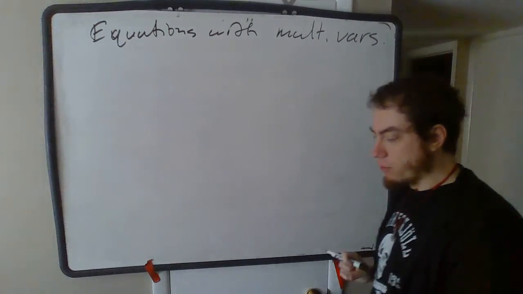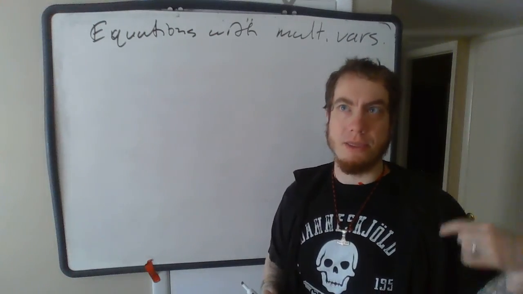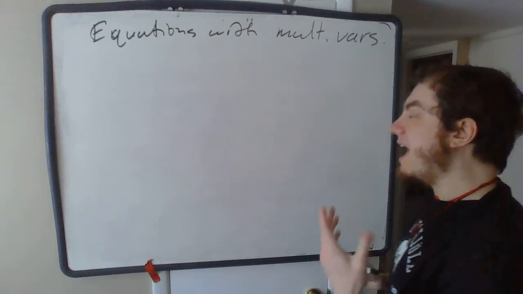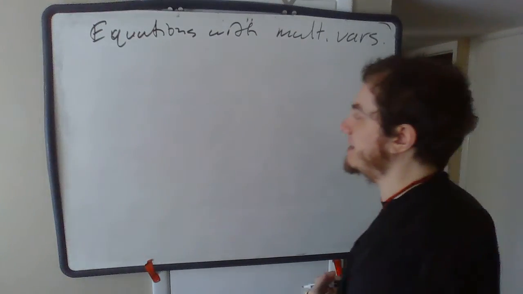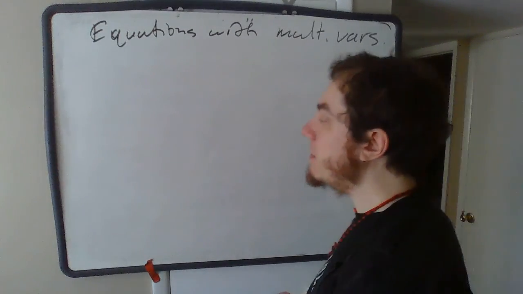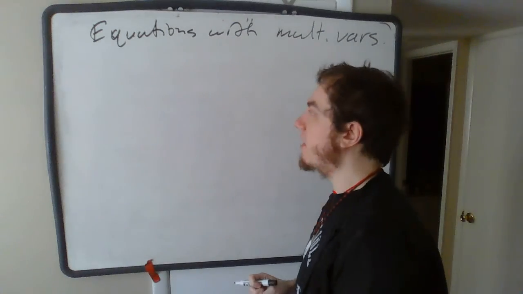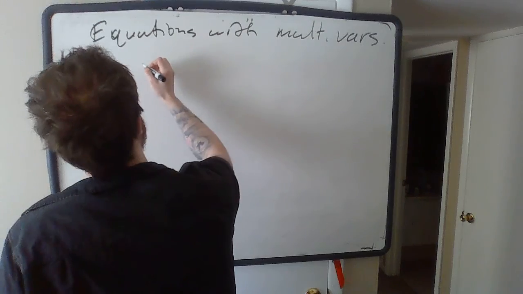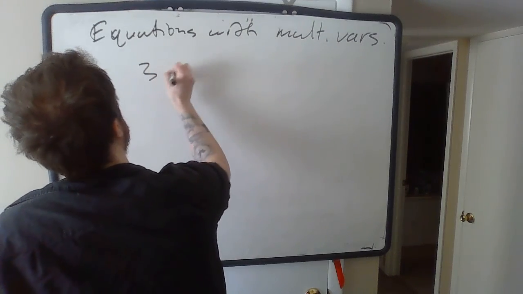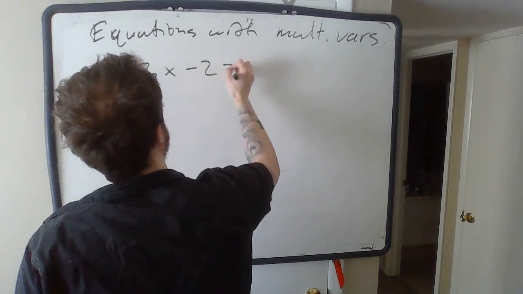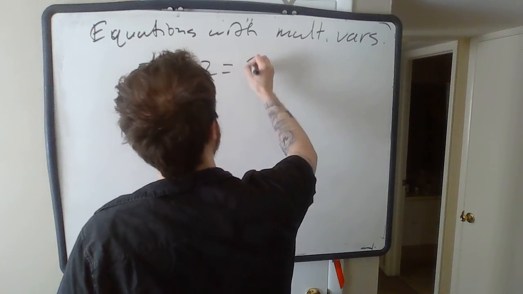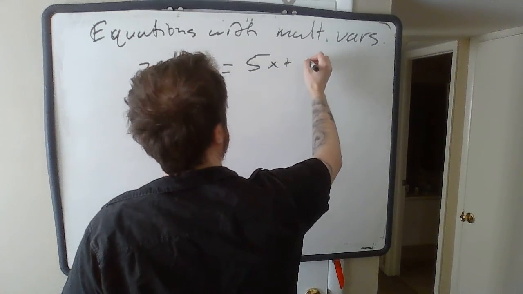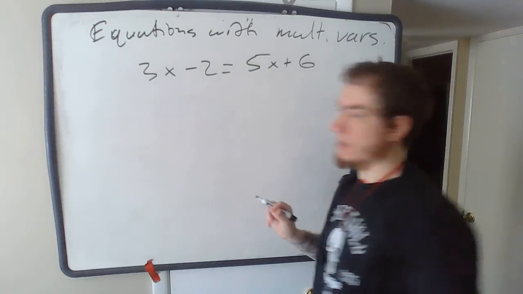We've talked a lot about equations before, not in the last couple of weeks, but we have talked about this sort of thing when we have a single variable. So when we had an equation involving one variable, for example, 3x minus 2 is equal to 5x plus 6.